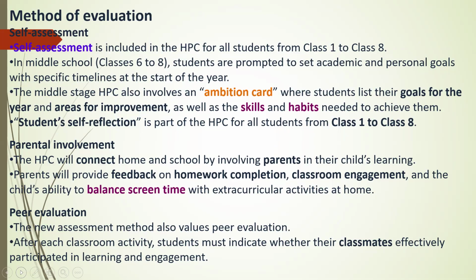The middle stage holistic progress card also involves an ambition card where students list their goals, the areas for improvement, as well as the skills and habits needed to achieve them. Student self-reflection is part of the holistic progress card for all students from class 1 to 8.